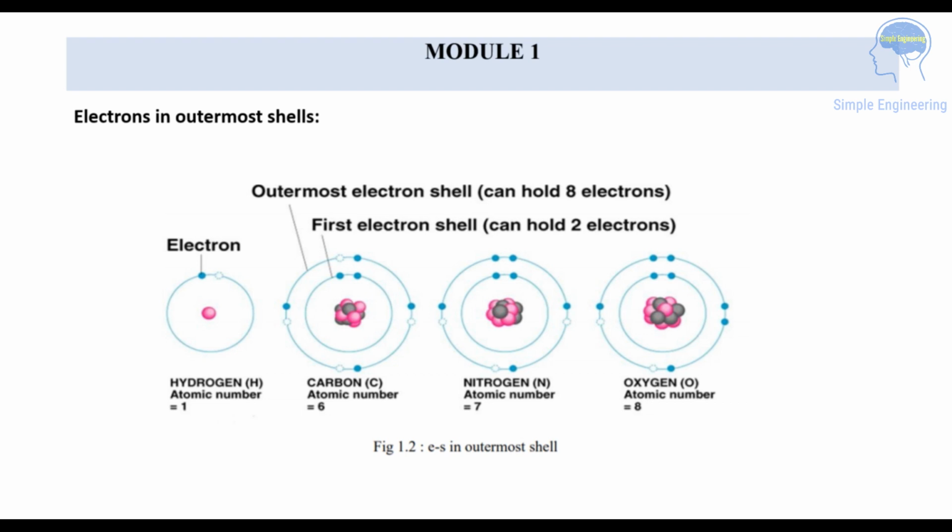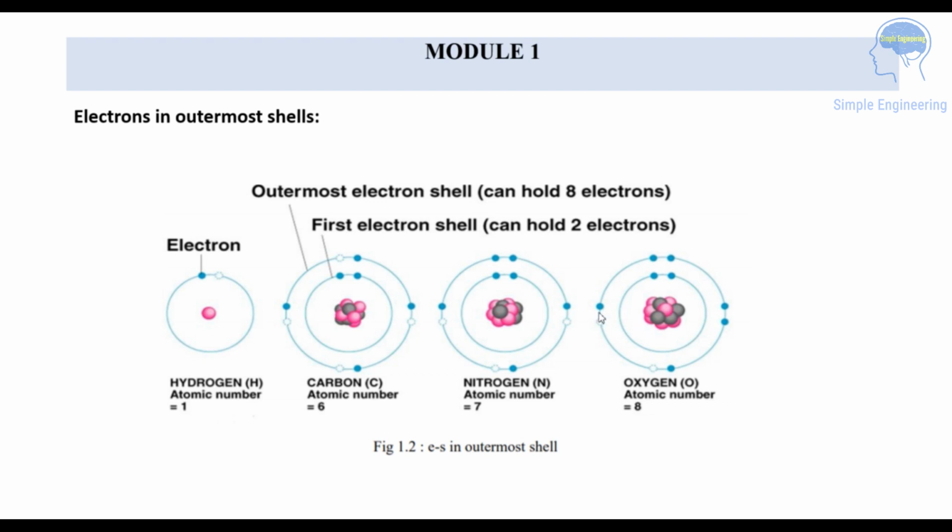If you take nitrogen, it has 7. So the first 2 electrons will occupy the first orbit, and the other 5 electrons will occupy the second orbit. Similarly, if you take oxygen, it has 8 electrons. The first 2 electrons occupy the first orbit and the remaining 6 electrons occupy the second orbit.